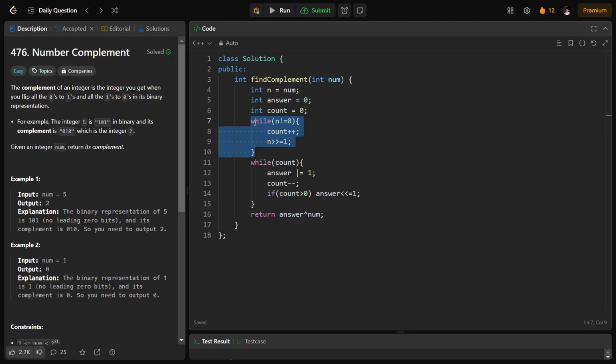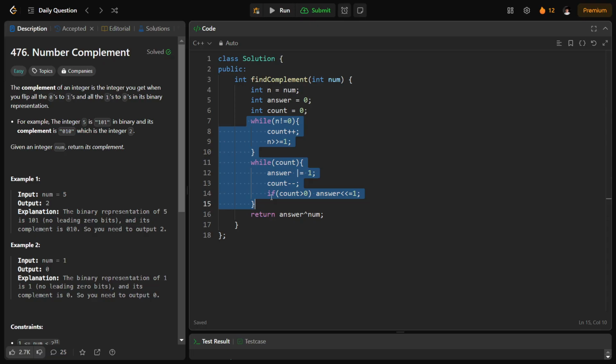So this while loop and this while loop can at max go to 32 iterations each. Regardless of the value of num, we could have 64 iterations in that way, but a big but. The things we are doing inside are constant time operations. You could consider the while loop constant, but it's not.